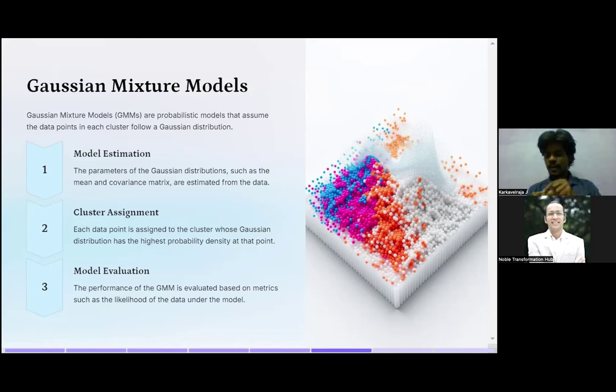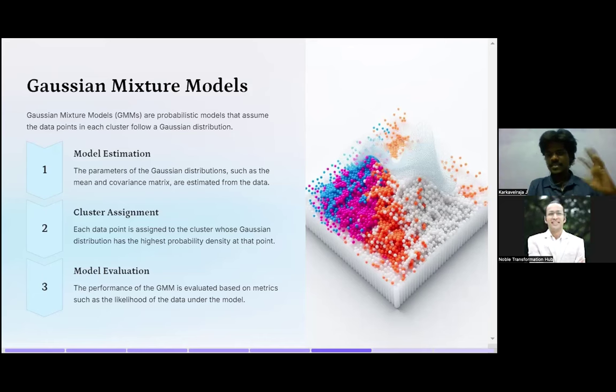Whichever has a high probability, I assign this data point to that cluster. I hope this is an easy explanation for the Gaussian mixture model. We take one data point, consider there are 5 clusters, and find the probability of this data point belonging to each cluster. Whichever cluster has the highest probability, we assign this data point to it. Okay, so that's it.